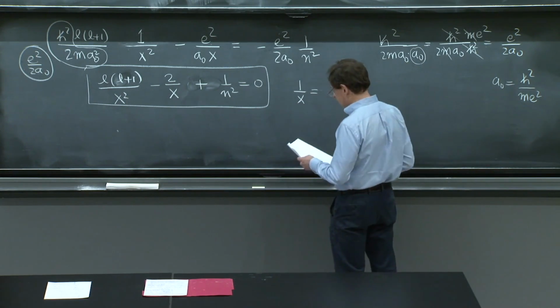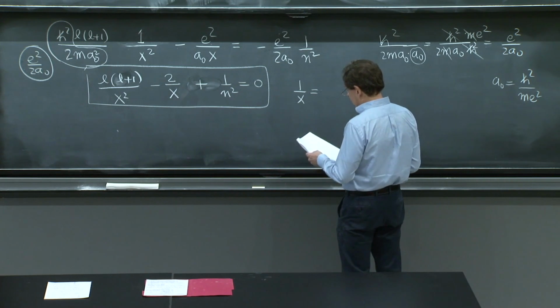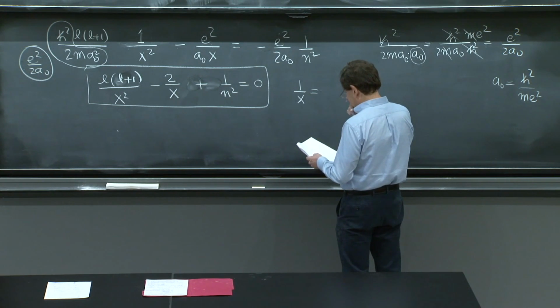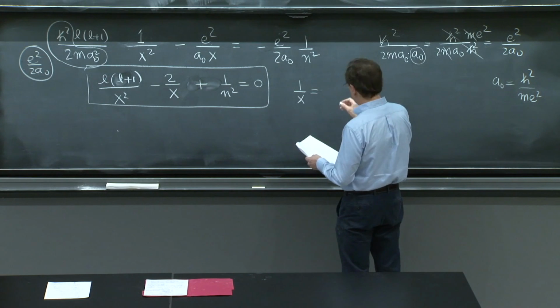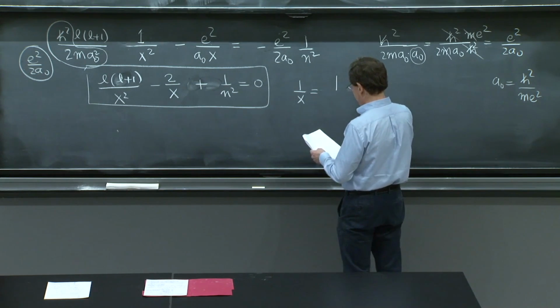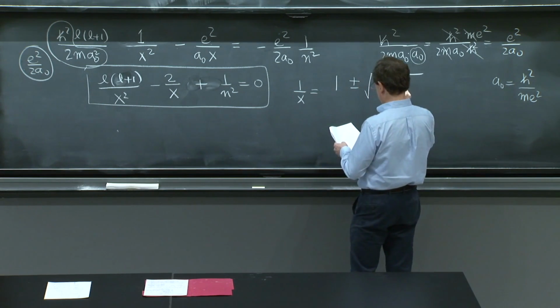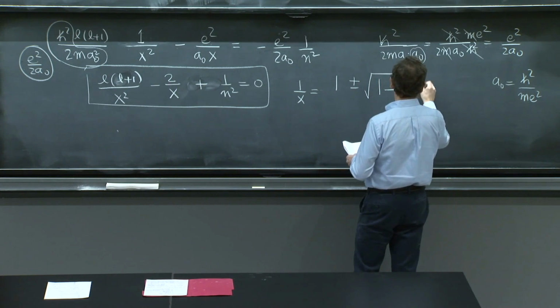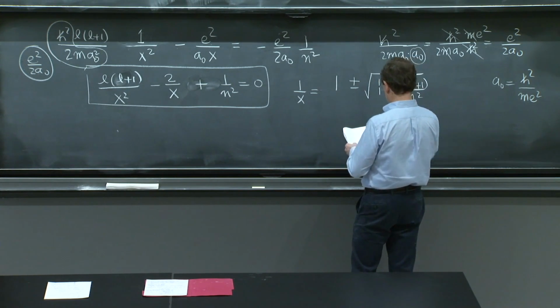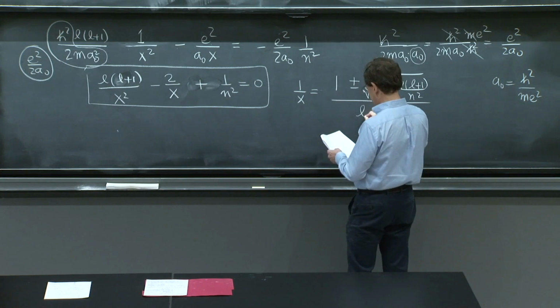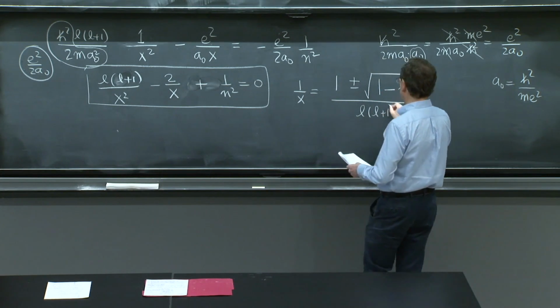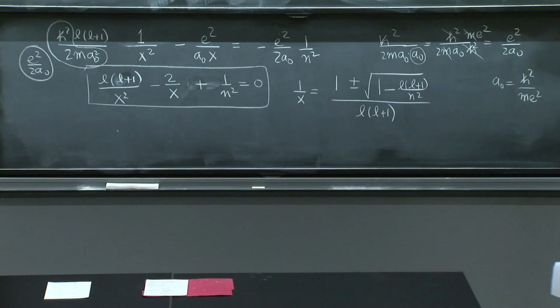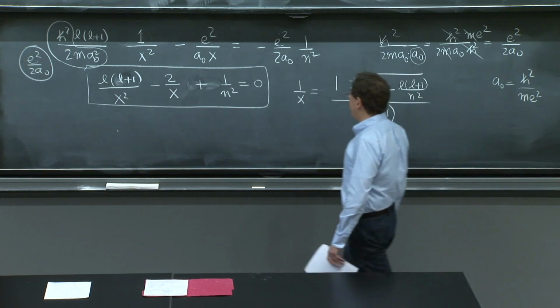So I'll write it here. 1 plus minus the square root of 1 minus L times L plus 1 over n squared, divided by L times L plus 1. That's just from the quadratic formula.